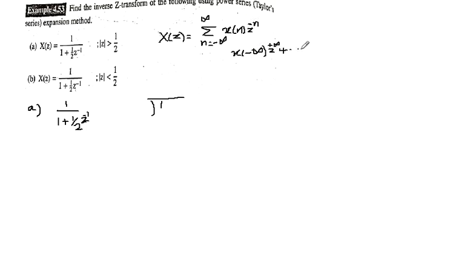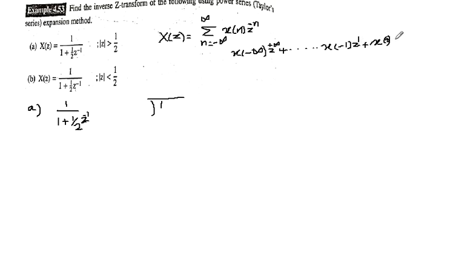We get many terms, and let's say when n is equal to minus 1, it is x of minus 1 Z raised to minus of minus, which is nothing but plus 1, and we get x of 0 into Z raised to 0.